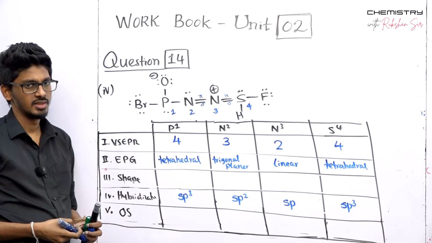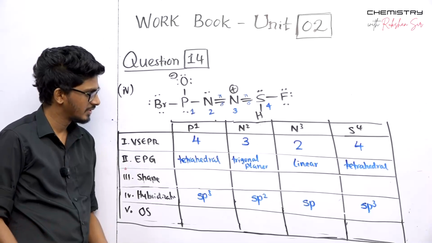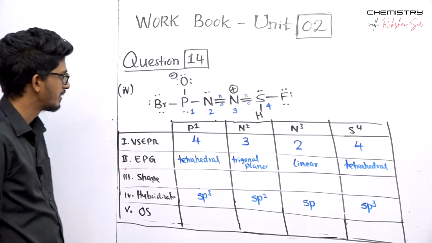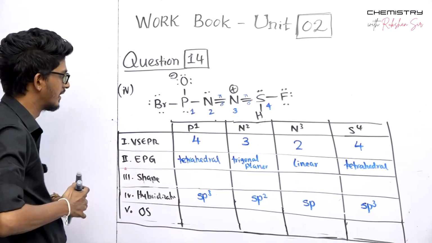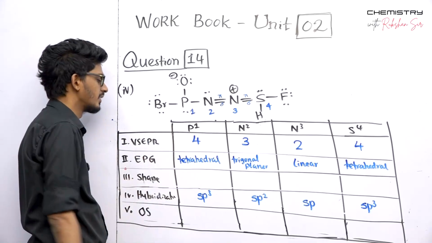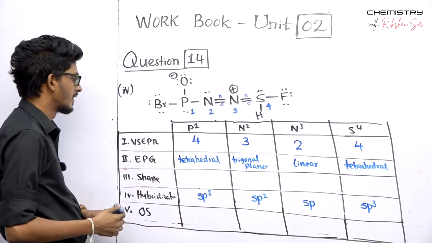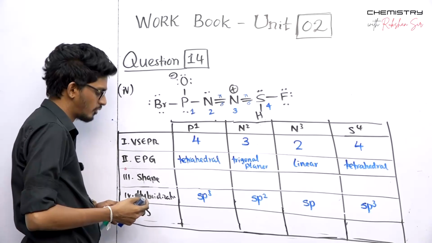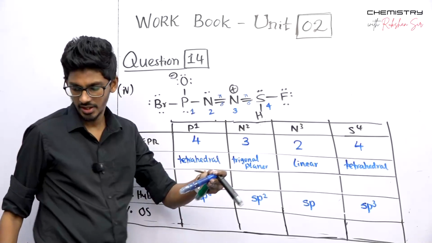Okay. So then we are supposed to come up with the shapes, right? The P1: 3 bonded pairs and 1 lone pair. So coming from the tetrahedral, if 1 is gone, you will end up with something like this, no? Tetrahedral structure is this.